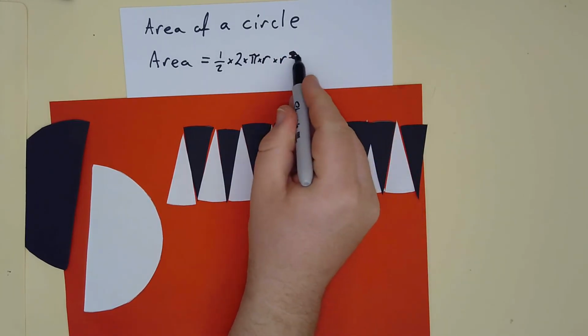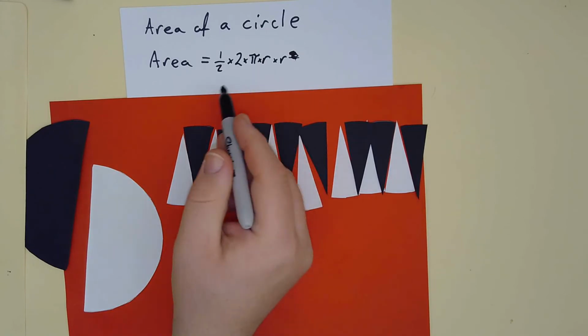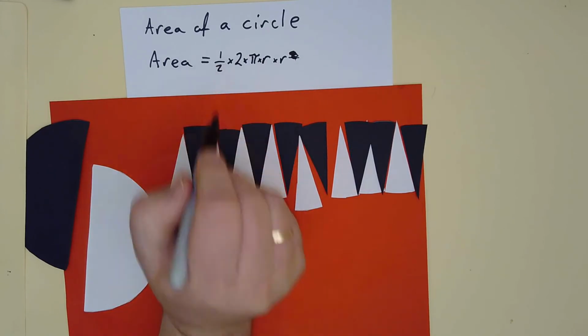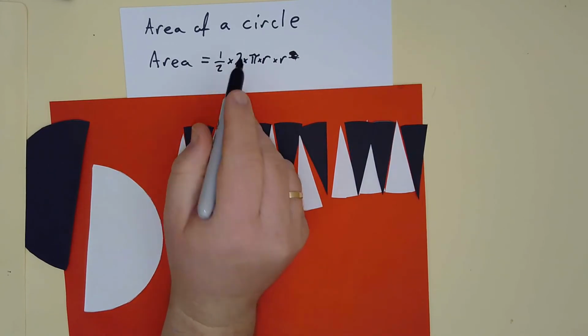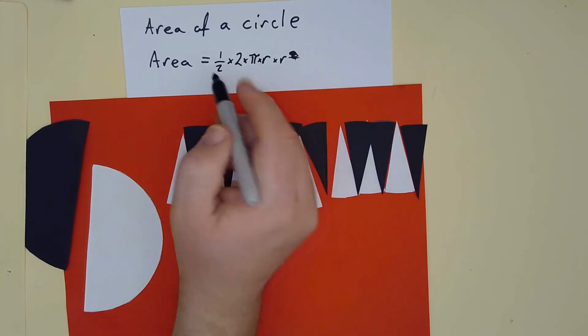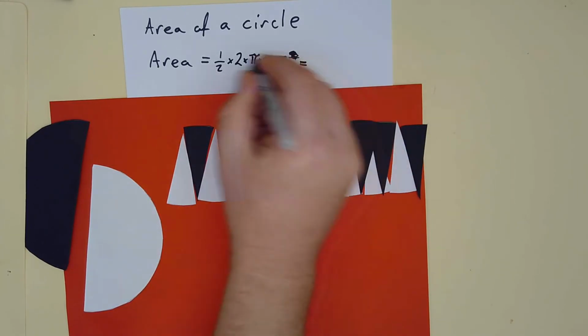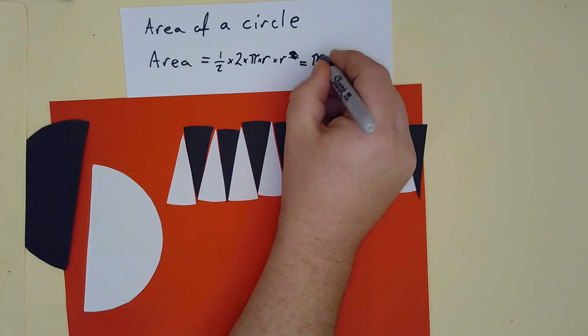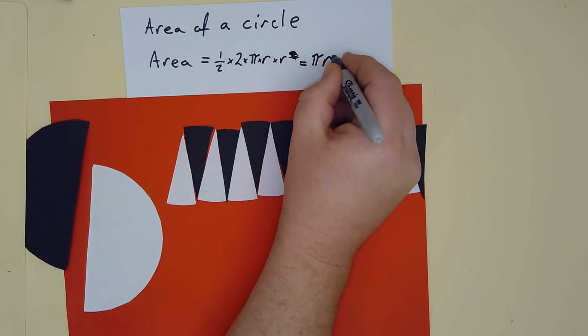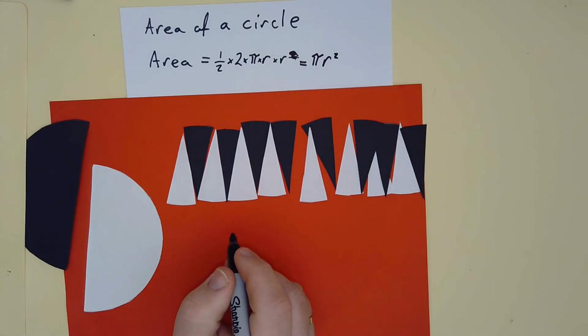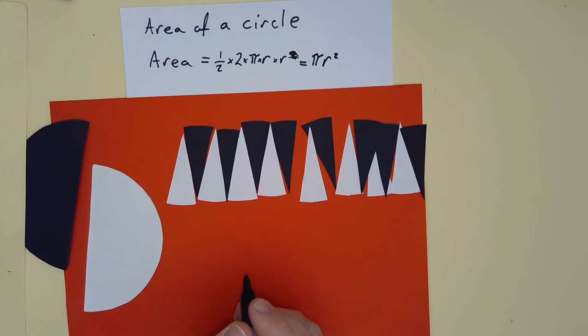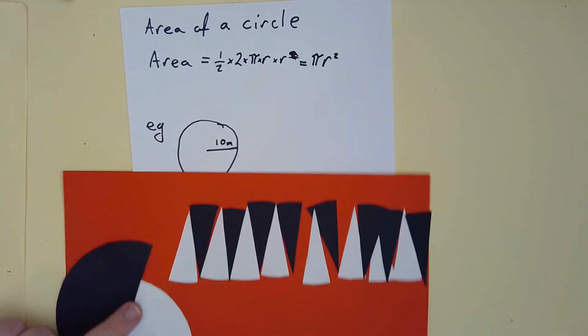Sorry, jumping ahead there. So now when I combine these together, a half of 2 is just 1, and times by 1 makes no difference. So I can combine these to be just pi times my radius squared, pi r squared. So that gives me the area of my circle.